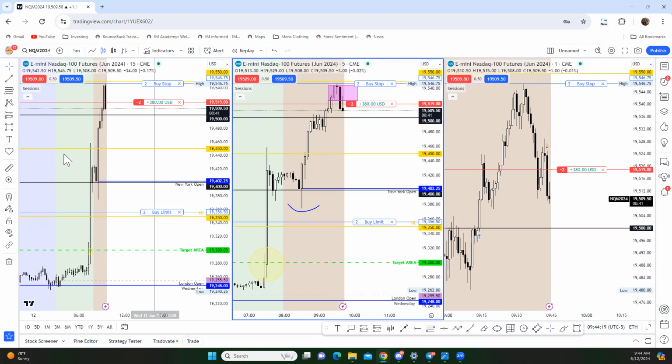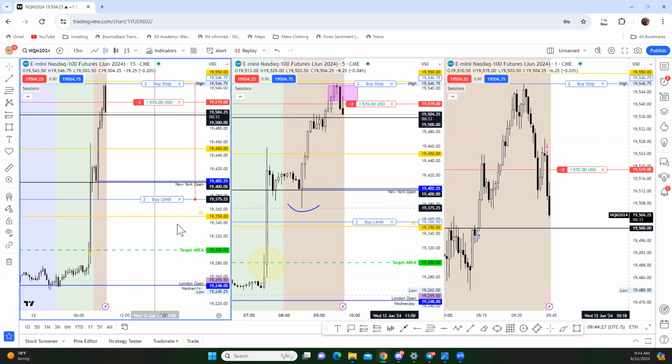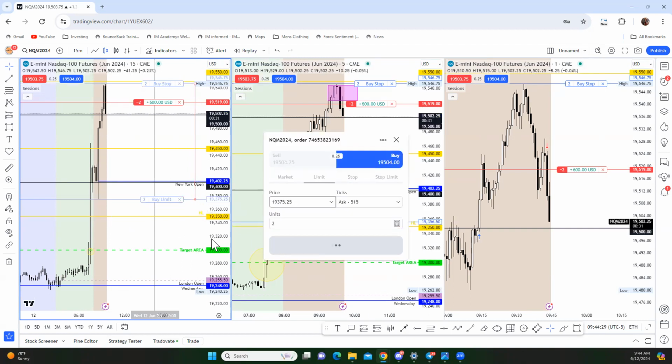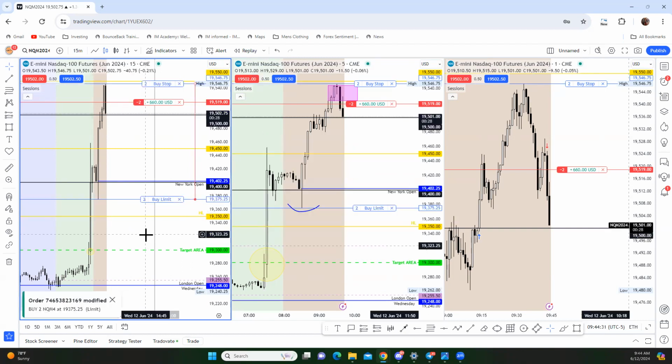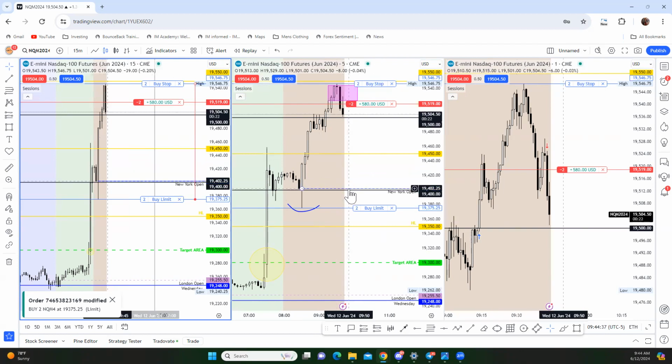I like this area to fall. And then this is our area where we want to be out of there for sure. If it goes lower, it goes lower. I have another account playing that, but for this exact account, I want to manage it like this.